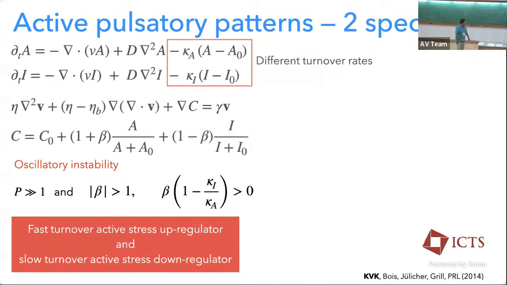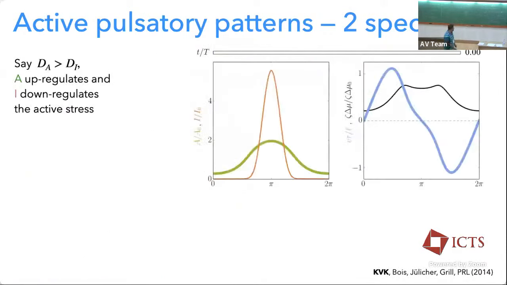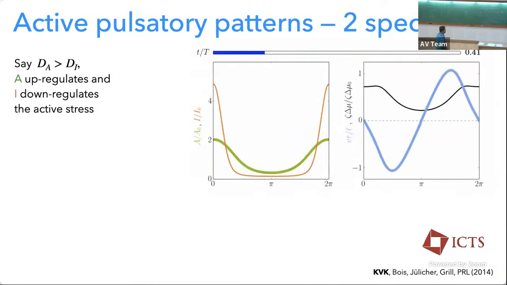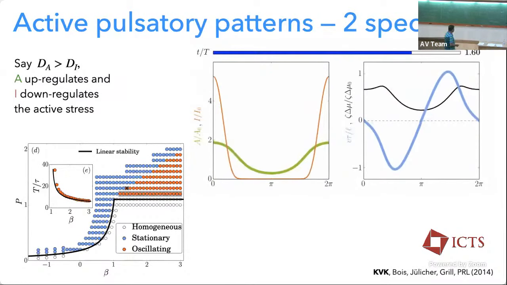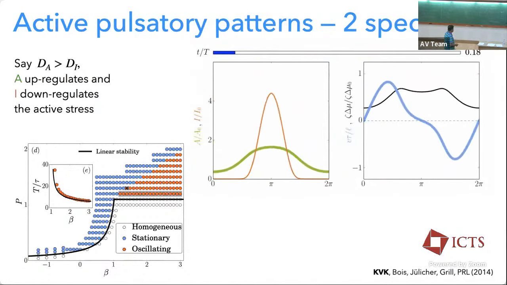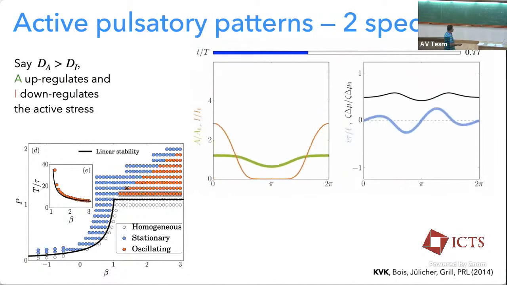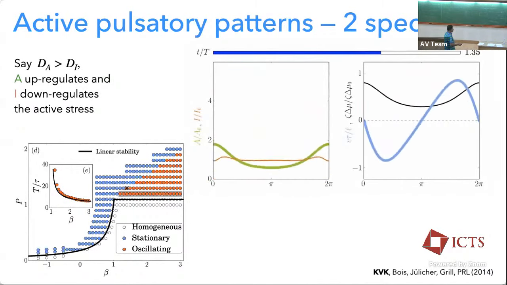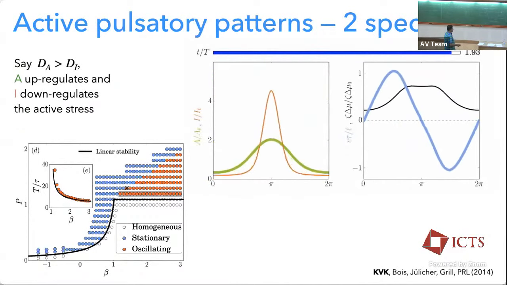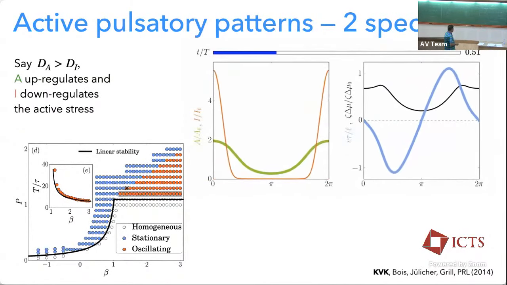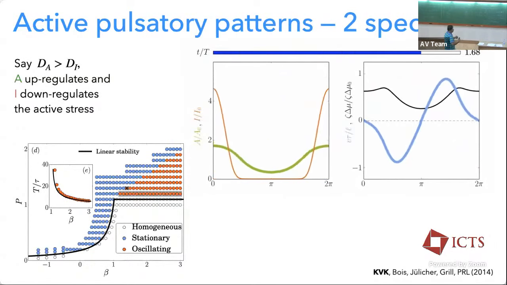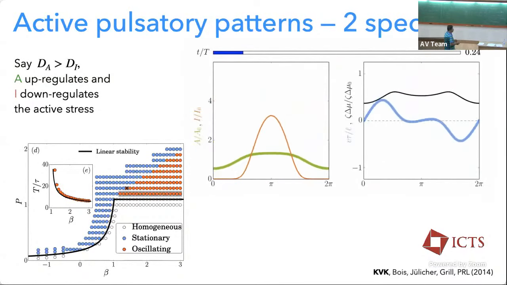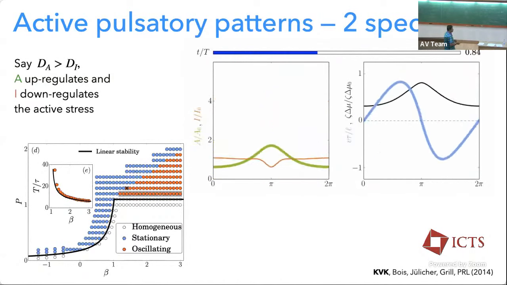Why does it oscillate? The physics is, you can do a hand-waving argument in the following way: something which upregulates the stress locally will increase the stress. So the black line is the stress, the blue line is the flow velocity. As soon as the stress goes up, remember the velocity field will pull in both of them, so both A and I will come in. But once I comes up, remember I reduces the stress.